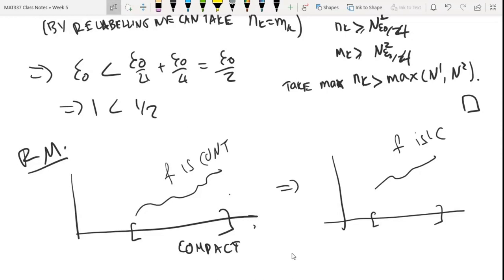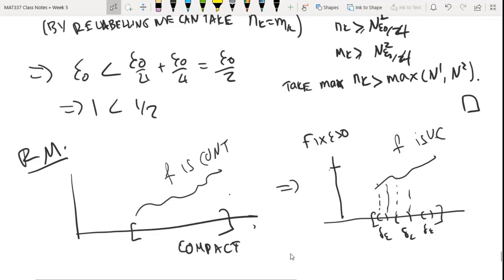What does that mean? If you pick any epsilon ball, let me say it differently. If you pick any delta ball, for some fixed epsilon, you can always contain the graph within this epsilon ball.